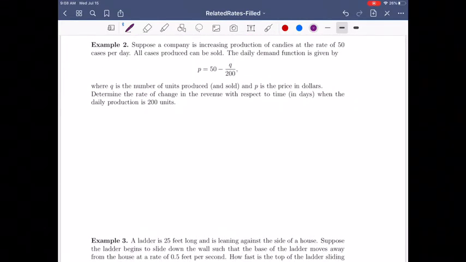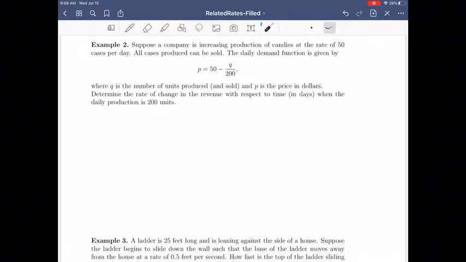Suppose a company is increasing production of candies at a rate of 50 cases per day. All cases produced can be sold, and the daily demand function is given by this, where Q is the number of cases produced and P is the price in dollars.